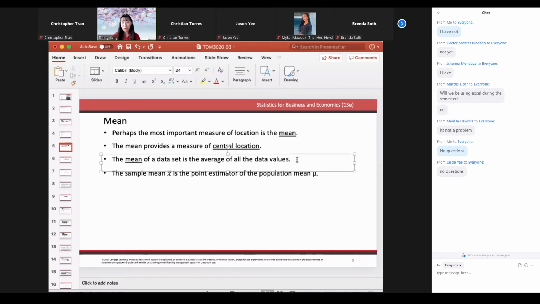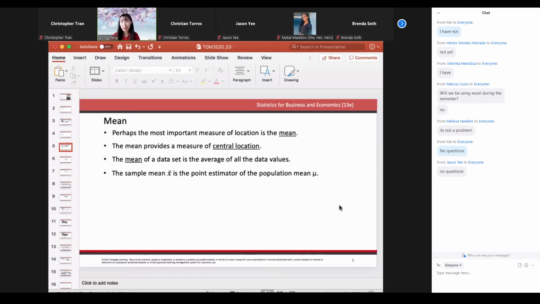Typical example, like I said, we use on a daily basis, right? I will tell you what's the mean of a homework score, what's the average homework score? Or we look at the weather and say, okay, what's the mean temperature in September? That means what's the average temperature in September? What's the mean distance from the university?